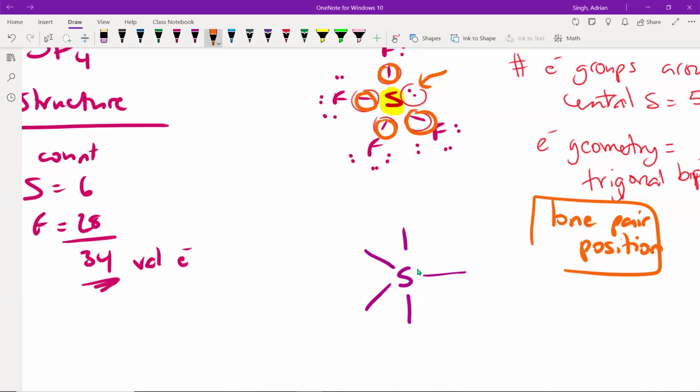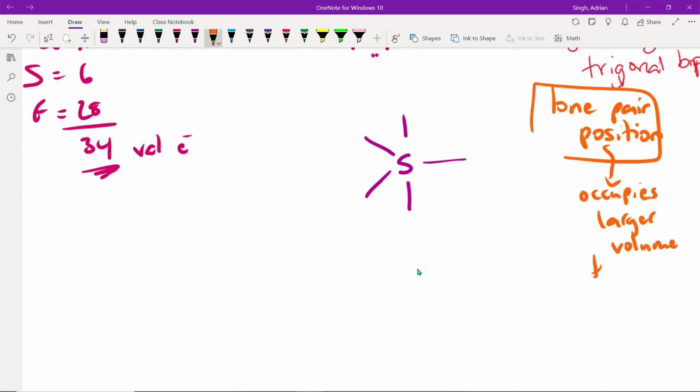Well, because the lone pair occupies a bigger space, you can think of the lone pairs occupying a larger volume than a bonding pair of electrons, it will want to go where there's more room.